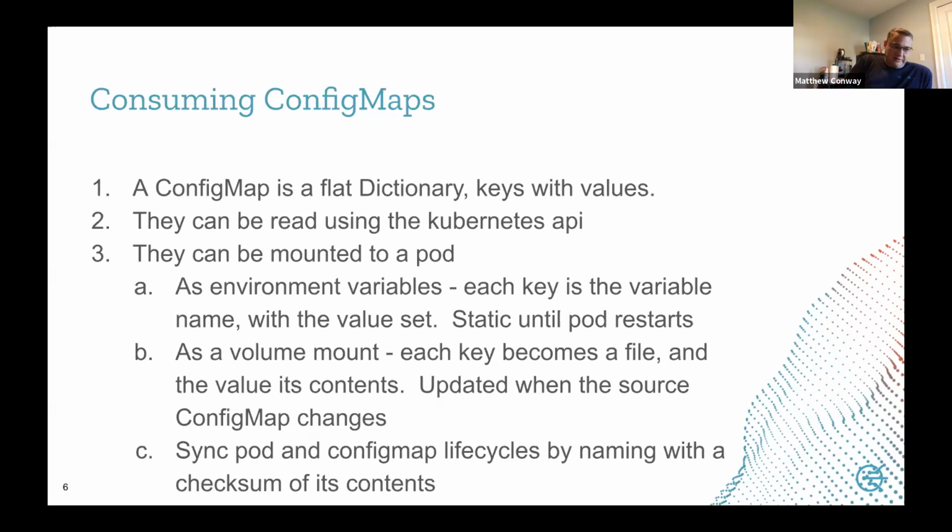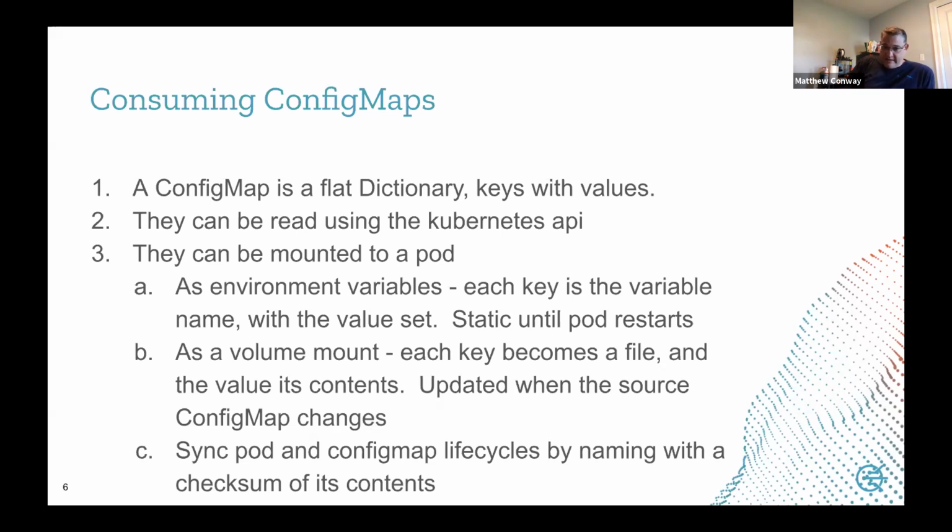And there's a few ways you can do that, but one of the best practices, I dare say, is you can name your config maps with a checksum of their contents, and then reference that checksum name with your pod, so that when your config map changes, it causes the config map name to change, which causes the pod descriptor to change, which forces a redeploy.